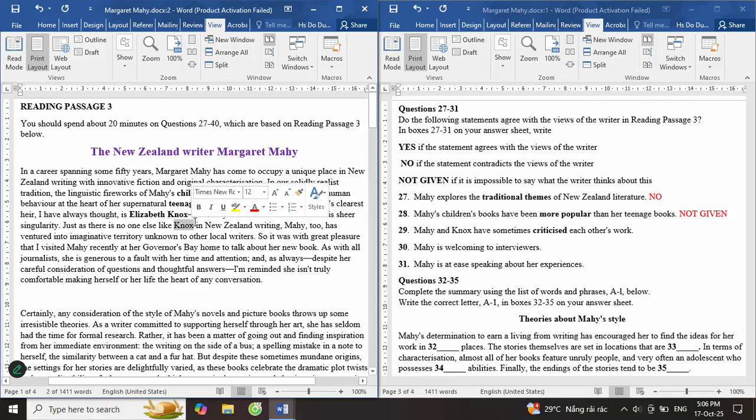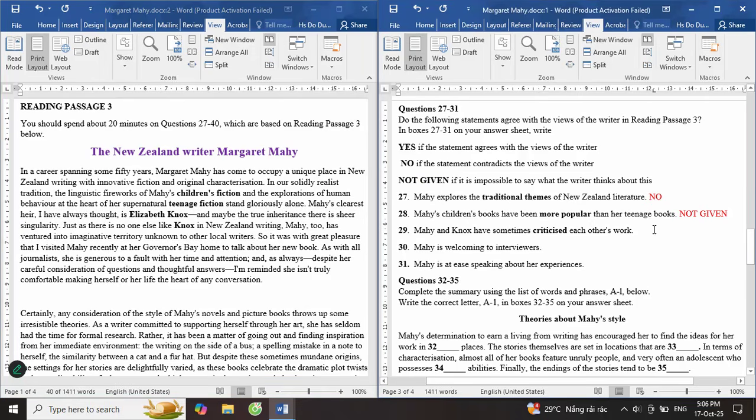However, when we read, they said that Knox may be the true inheritance. So this means that they have something in similar, not contradicting each other. And they don't say anything about them talking about each other. So this one is not given again.